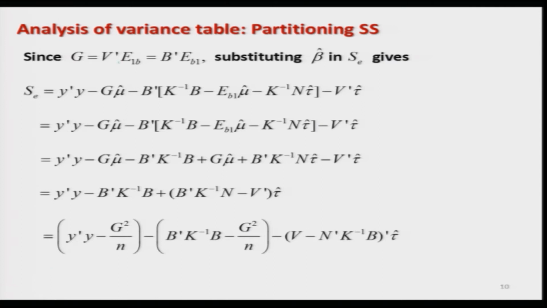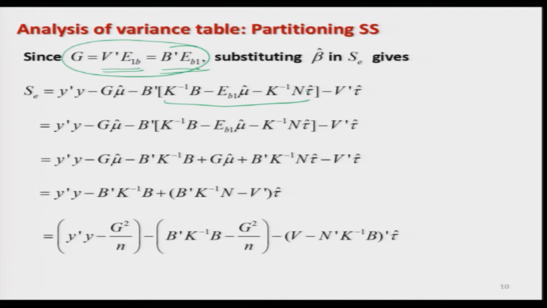V transpose E1B is actually the sum of all the treatment totals, and B transpose EB1 is the sum of all the block totals, which comes out to be G, the grand total of all the observations. So, we use this result, we substitute the value of beta hat, and now we simply simplify it. Very simple job that we are going to do here.